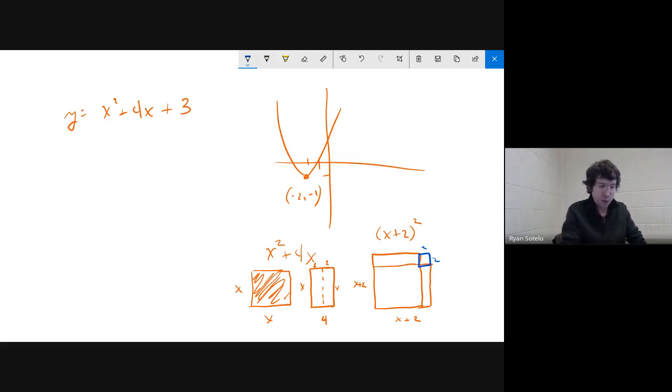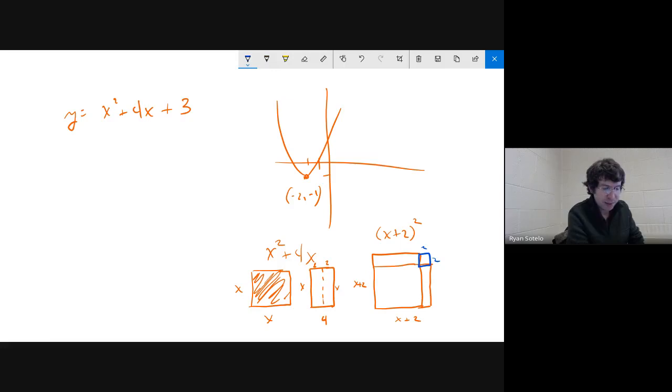So I had to add 2 by 2, that's 4. I had to add 4 to my original x squared plus 4x in order to make the perfect big square. So in order to make these two things equivalent, my x squared plus 4x and the perfect square, I have to remember that with the perfect square, I've overshot by 2 times itself.